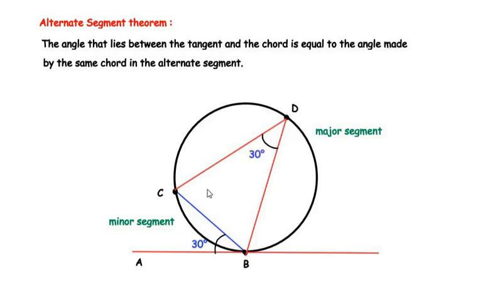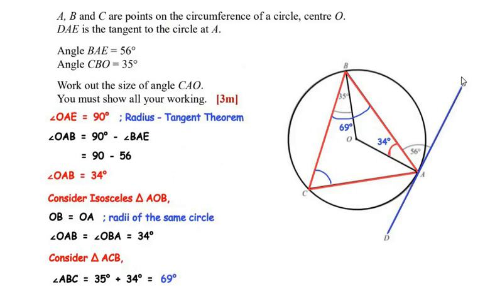Now let us see how we can use this theorem to solve the example above. Now here, let us consider the tangent DAE and let us consider the chord AB. This chord AB divides the entire circle into two segments. One is the smaller segment called the minor segment and the other one is the major segment.